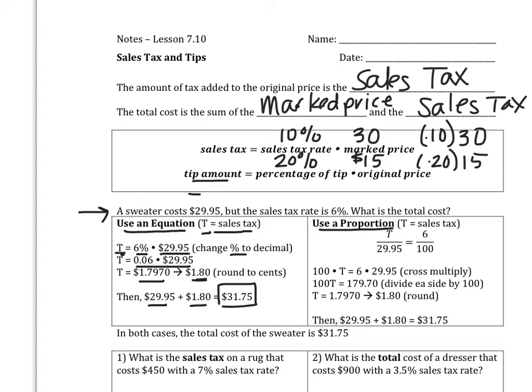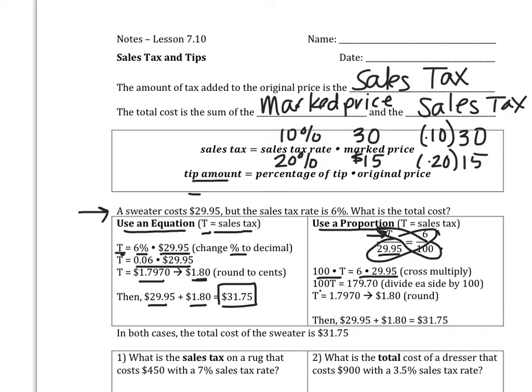So the proportion is going to be the tax over the original amount, and then the percentage of sales tax. So it's 6%, which would be 6 over 100. And then we're going to cross multiply, which is what we have right here.